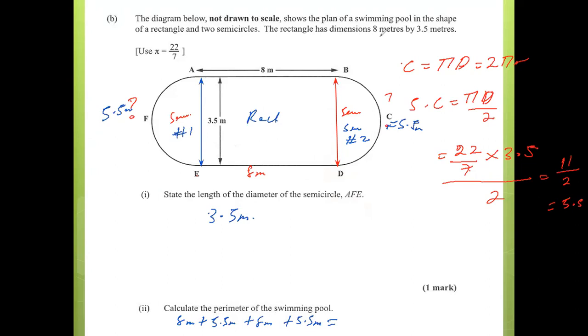Anyone? We get what? 11 plus 16. What is 11 plus 16? 27. 27 what? Meter.